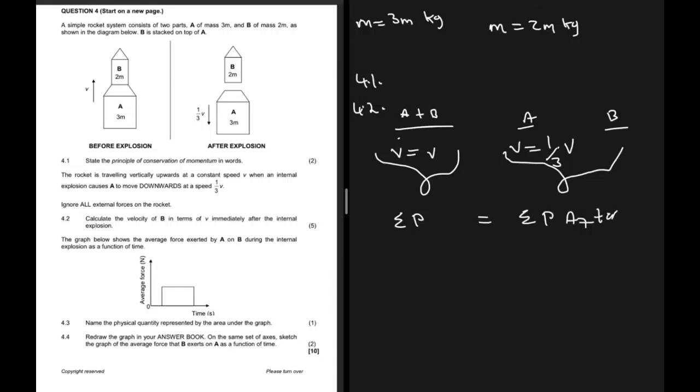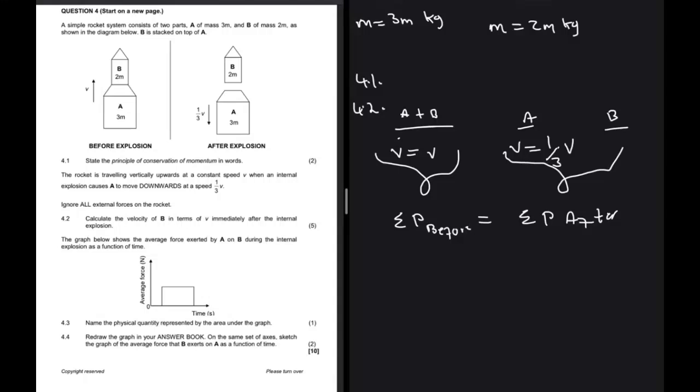That's what the conservation of momentum states, that the sum of the momentum before equals the sum of the momentum after, if the system is isolated or closed. And then the question says ignore all the forces on the rocket. So that tells us that the system is closed.